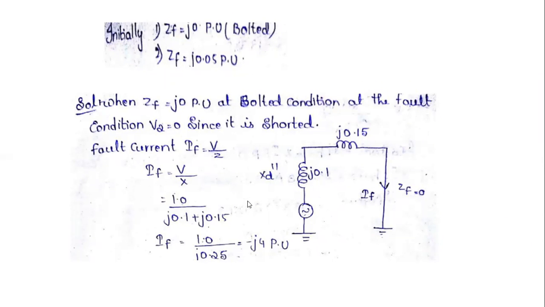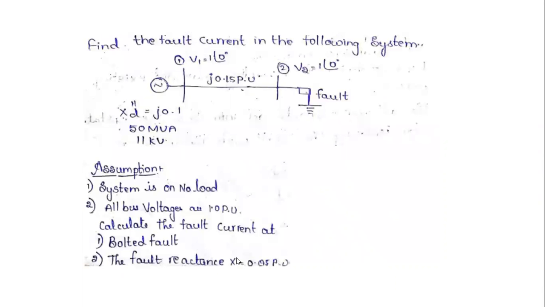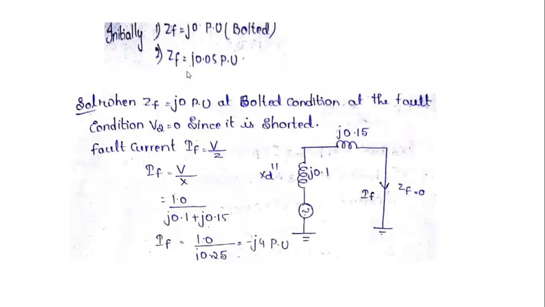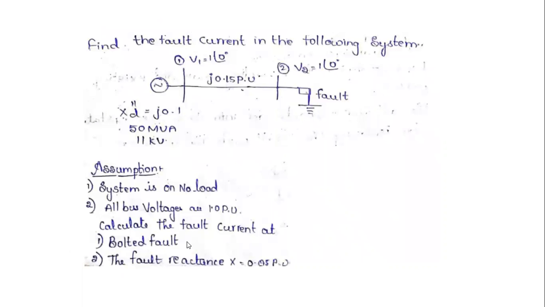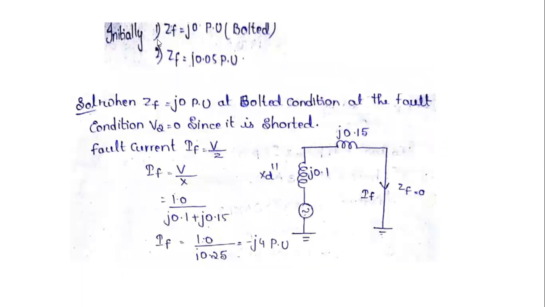The second assumption is the fault reactance X equal to 0.05 per unit, then ZF is equal to j0.05 per unit. These are the two initial conditions.